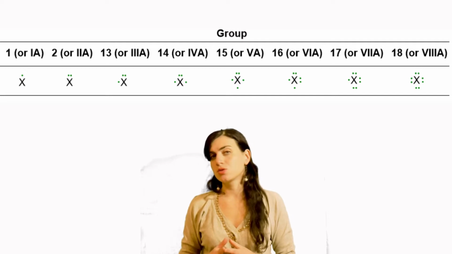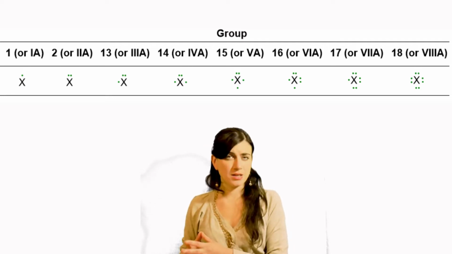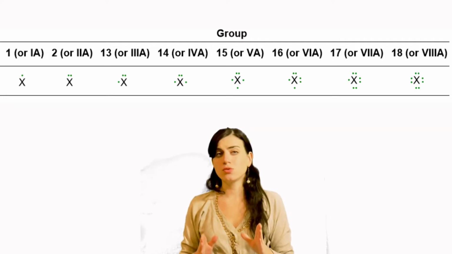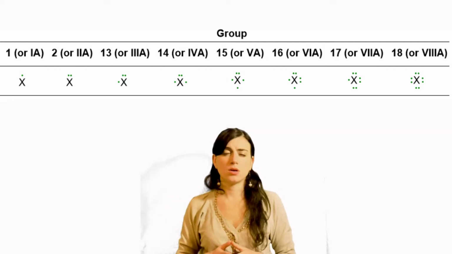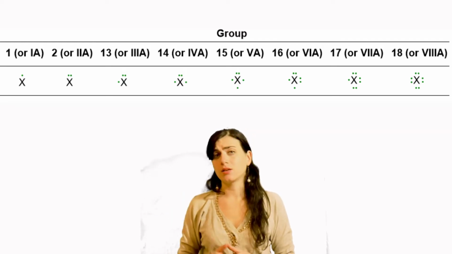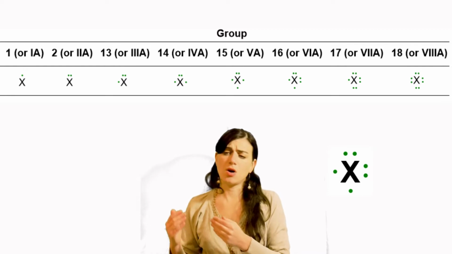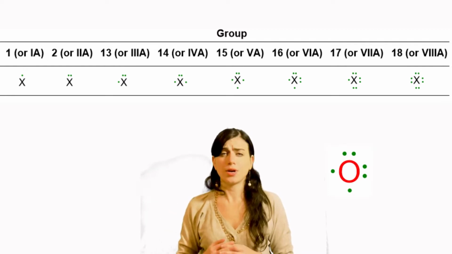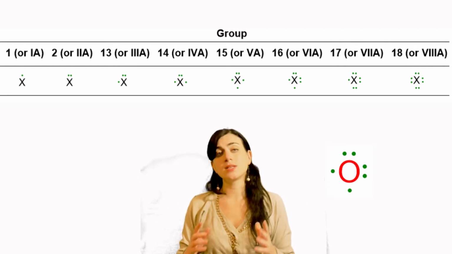Oxygen belongs to group 16 in the periodic table. So you have to look at the column in this table for group 16.